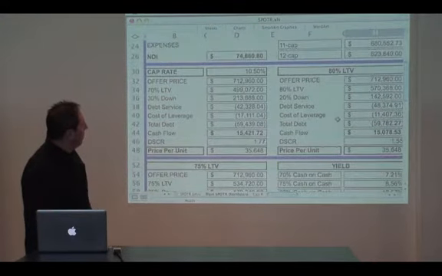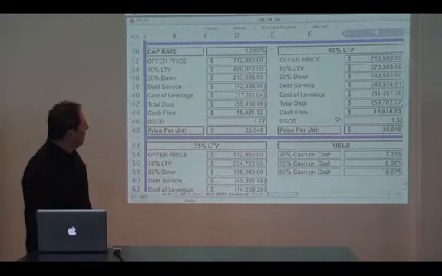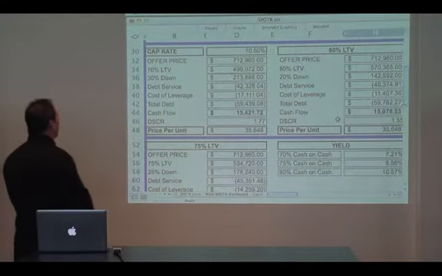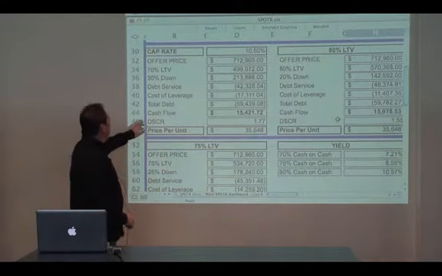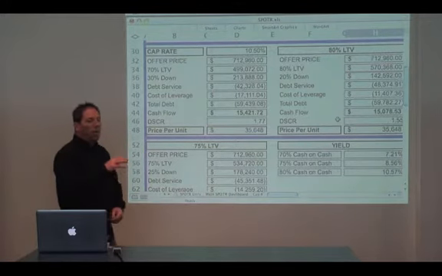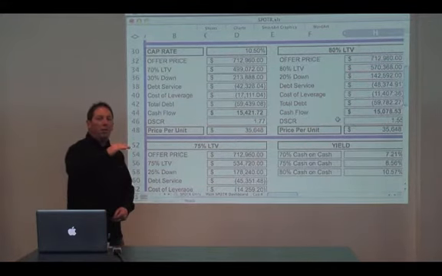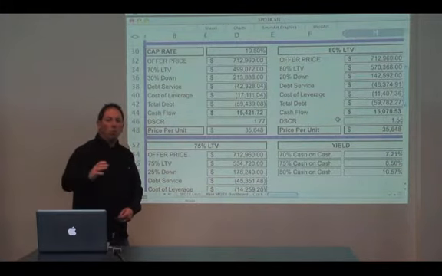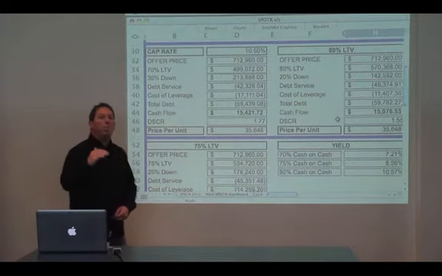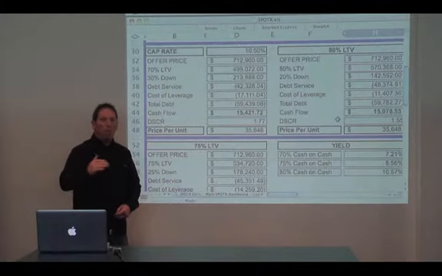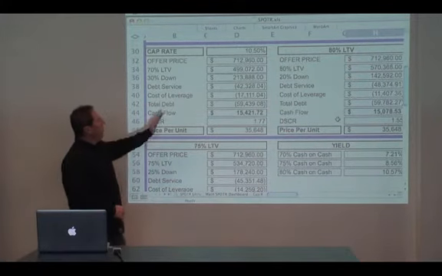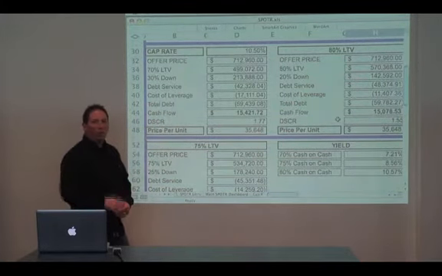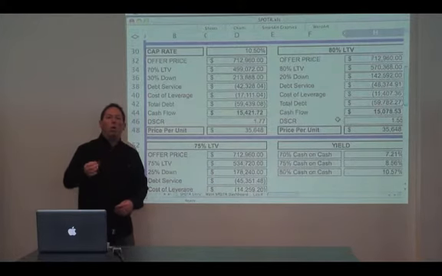Now, as I scroll down, you see that we have right here more than a cash flow analysis. This is the debt that we place against it, the basic terms of the deal, and how it might look based on certain levels of debt and loan to value. Is that cool? Because that's always what I wanted to know.